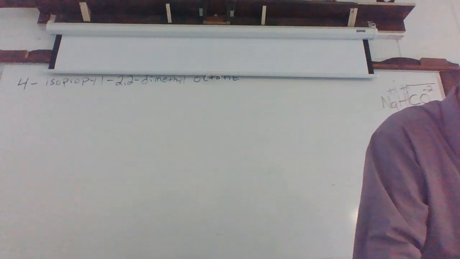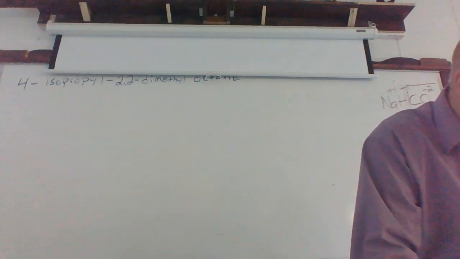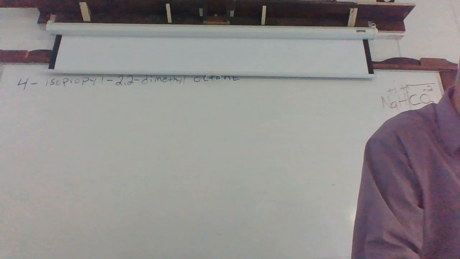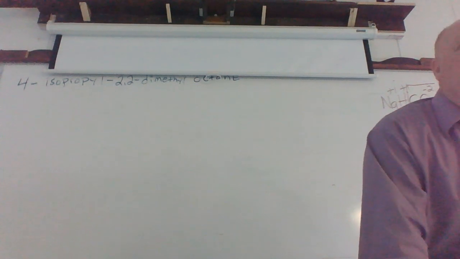If there's only one double bond, add the suffix ene, so you know it's an alkene rather than an alkane, to the prefix corresponding to the number of carbon atoms in this chain. If there is more than one double bond, modify the suffix, so you would have, for instance, diene.